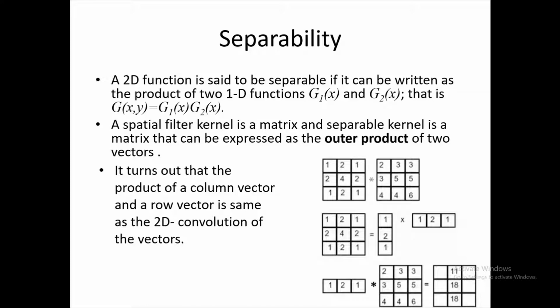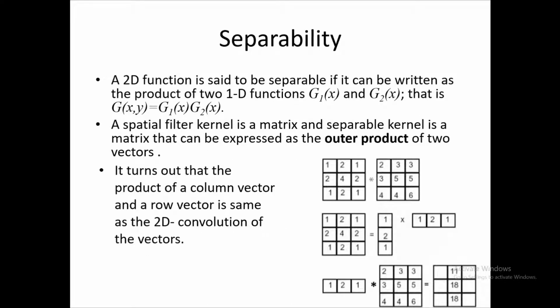In the case of a separable filter, if we perform the convolution operation on this matrix 2 3 3 3 5 5, it will be the same as 2D convolution, or as performing the convolution with the separable column and row vectors.